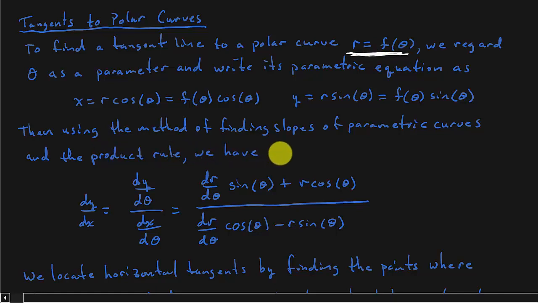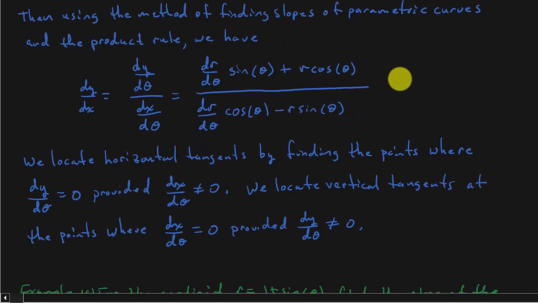Then, using the method of finding slopes of parametric curves and the product rule, we have dy/dx equals dy/d theta over dx/d theta, which equals the derivative of r with respect to theta times sine theta plus r times cosine theta, all over the derivative of r with respect to theta times cosine theta minus r times sine theta.